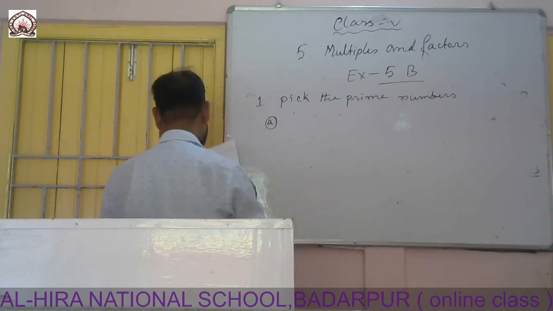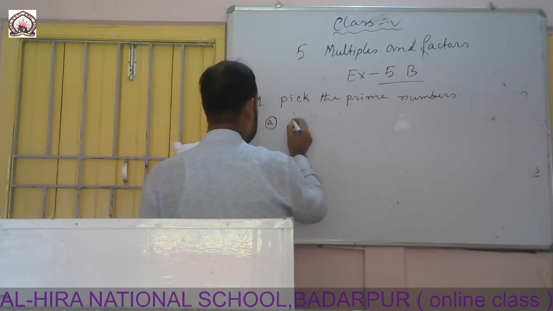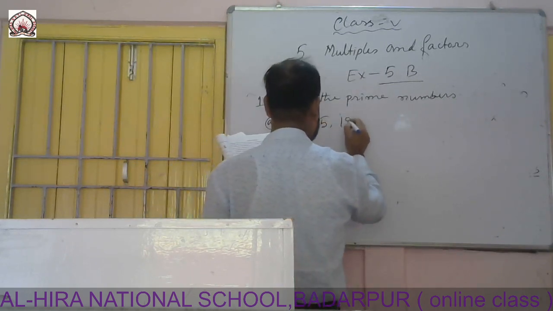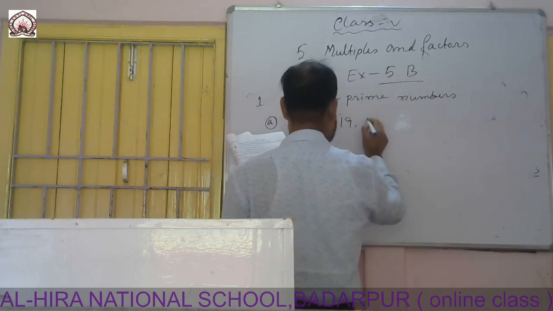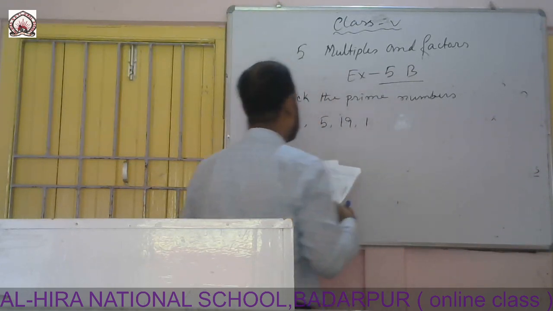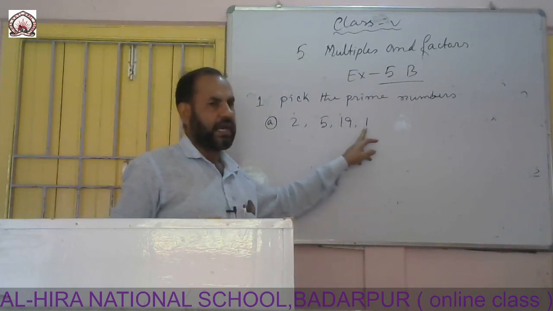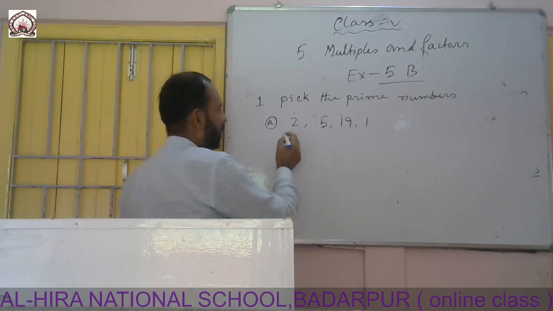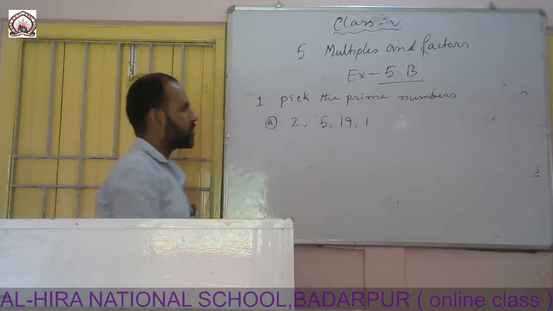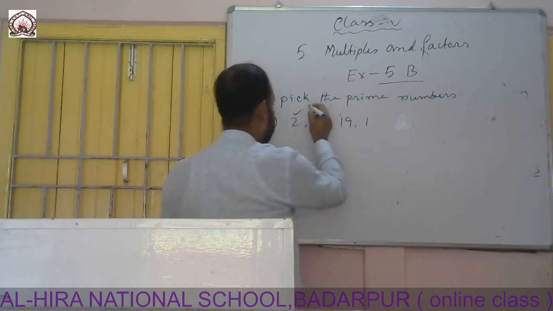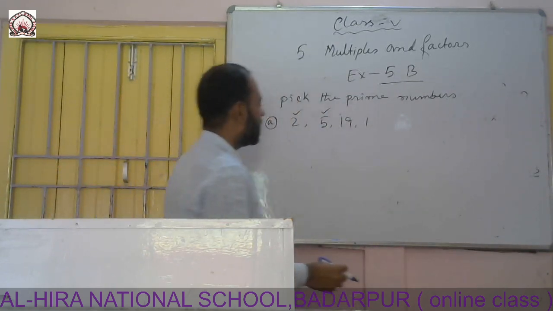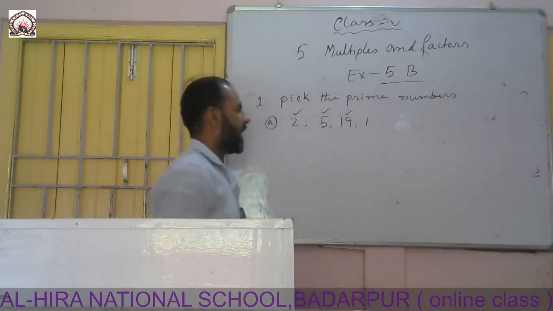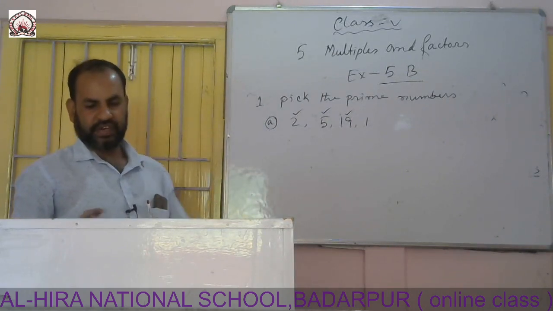Number A, 2, 5, 19, 1. So we know 1 is neither prime nor composite. So we leave 1. We see 2 is also a prime number because only 2 factors are there. 5 is also a prime number. Only 2 factors are there, and 19 is also a prime number. Only 2 factors are there.